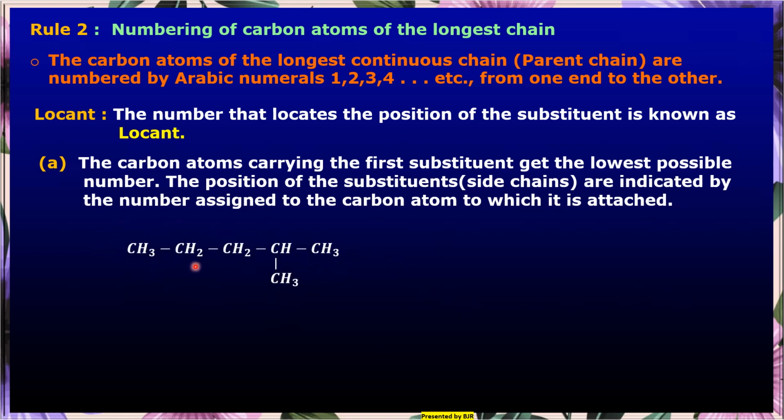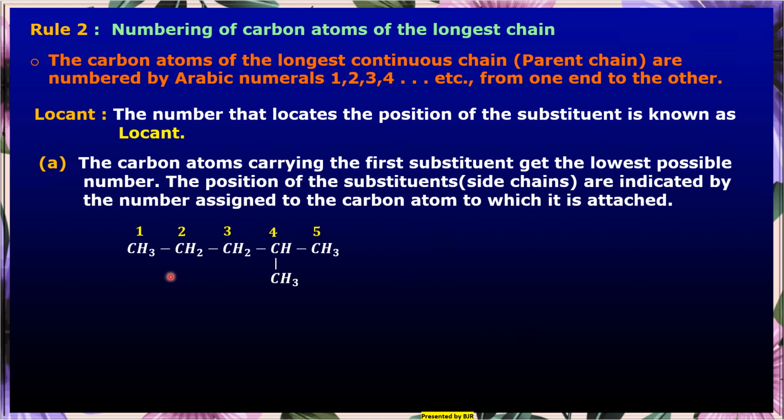This is the parent chain. Okay, and we can assign numbers to the carbon atoms in this parent chain either from left to right or from right to left. So here I am assigning numbers from left to right, 1, 2, 3, 4, 5.